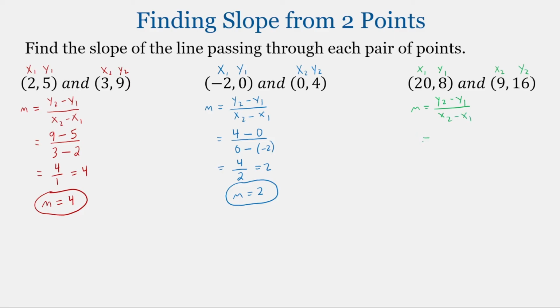And then evaluating at those values, y sub 2 is 16 minus y sub 1 is 8, all over x sub 2 is 9 minus, and then x sub 1 is 20. 16 minus 8 is 8. And then 9 minus 20 is negative 11. And then I'm just going to rewrite this. I'm going to bring the negative sign out front. So we have negative 8/11. Our slope is equal to negative 8/11.